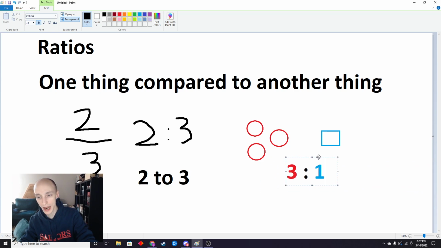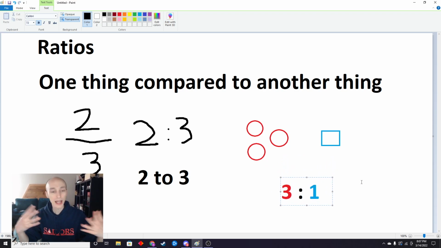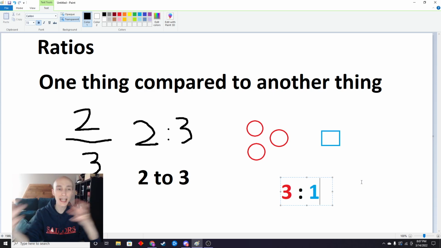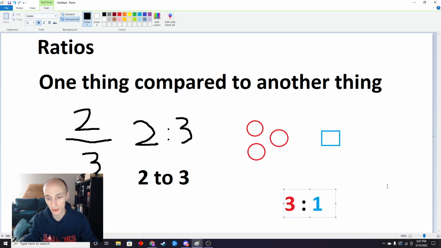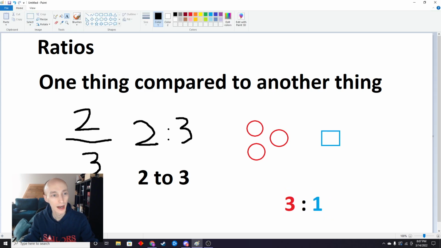And once we have this sort of simplified form, the ratio allows us to scale things up, to increase the numbers, to make sure that we have the same mixture, right? The same amount in comparison to one another. So right here I only have 3 circles and 1 square, but maybe I want to increase the number of squares or circles that we have, or both of them.